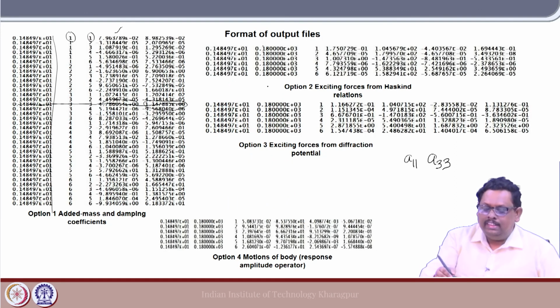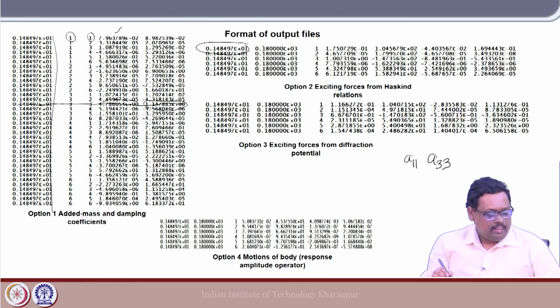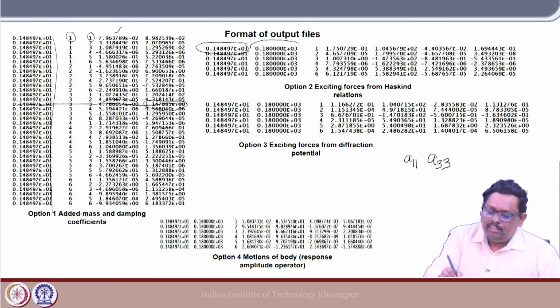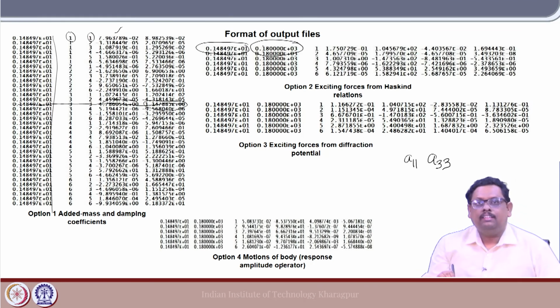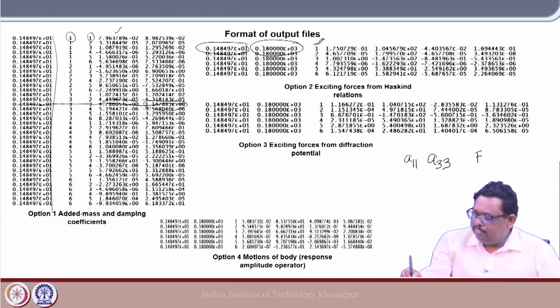If you look at this format, this is the time, right, and then the next one is the heading angle, beta. You can see the heading angle is 180 degrees. Here it is the mode, so I am talking about the exciting force F 1.